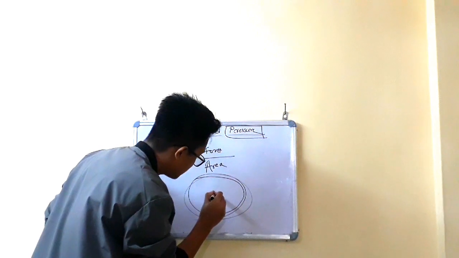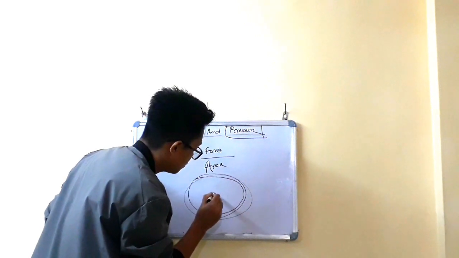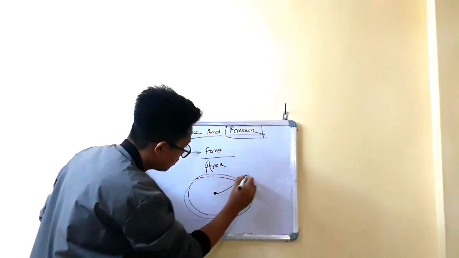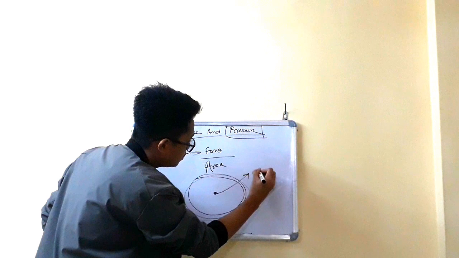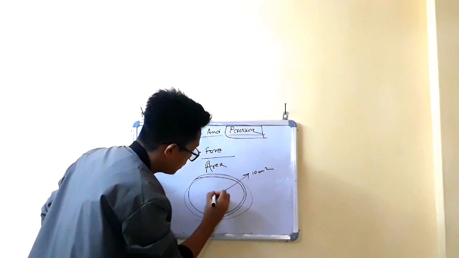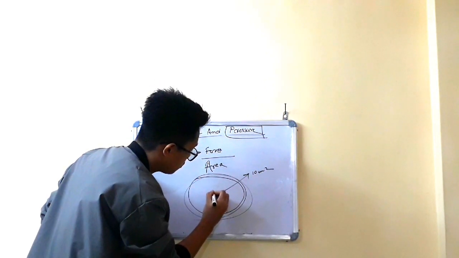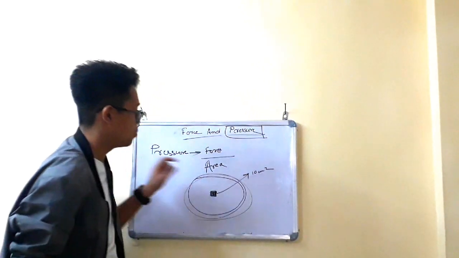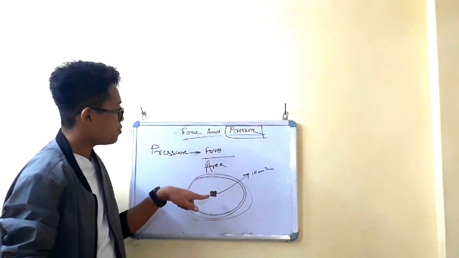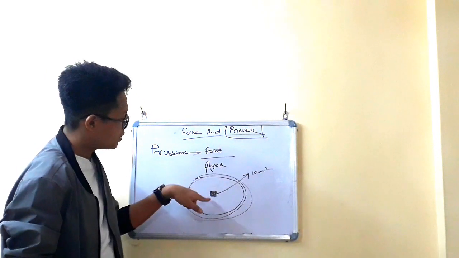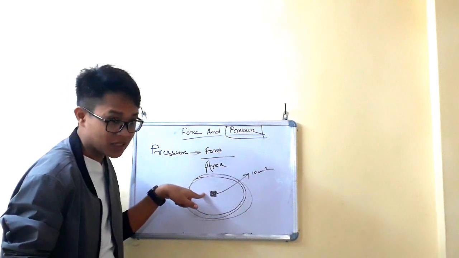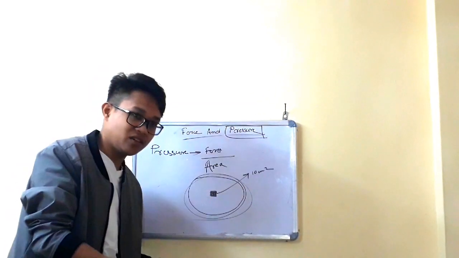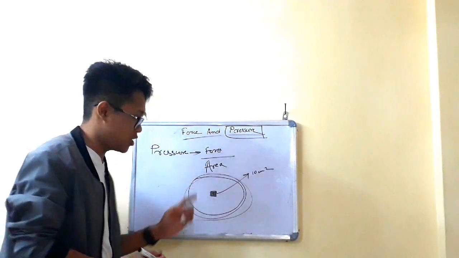A force is applied right here, and suppose this is an area of 10 centimeters square, a square area. Force is applied on this square part of the surface. So, how much force is applied on this area is known as pressure. Whatever the force we apply on a particular area, that is called pressure.